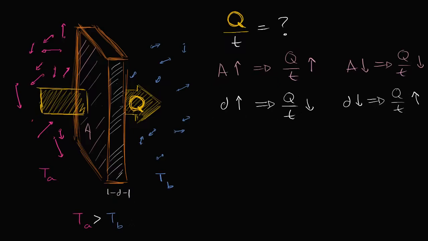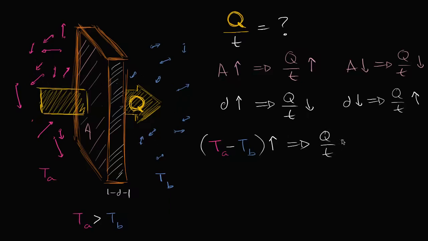Now, what else could we think about? Well, we could think about the temperature differential, that's T sub A minus T sub B. If this temperature differential were to go up, what's going to happen? It's common sense that if this is way hotter than what we have on the right, we're going to have more heat transferred per unit time.